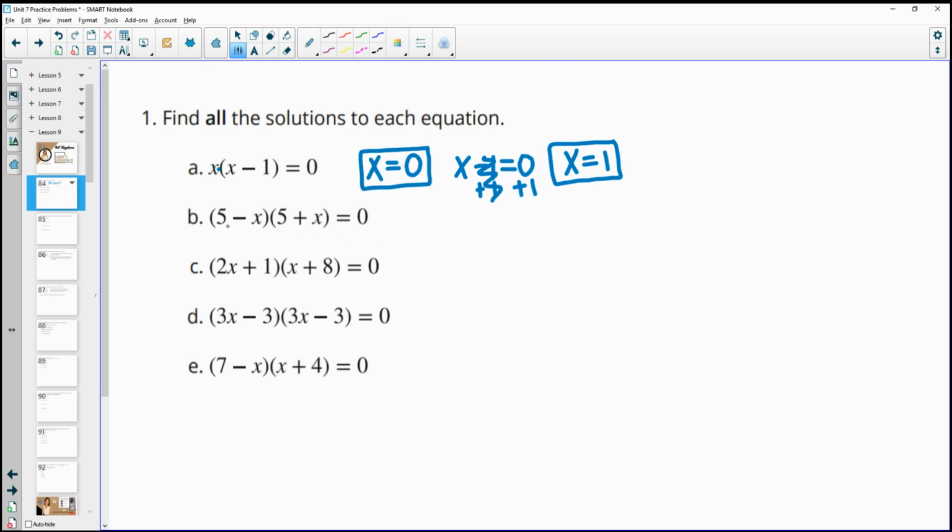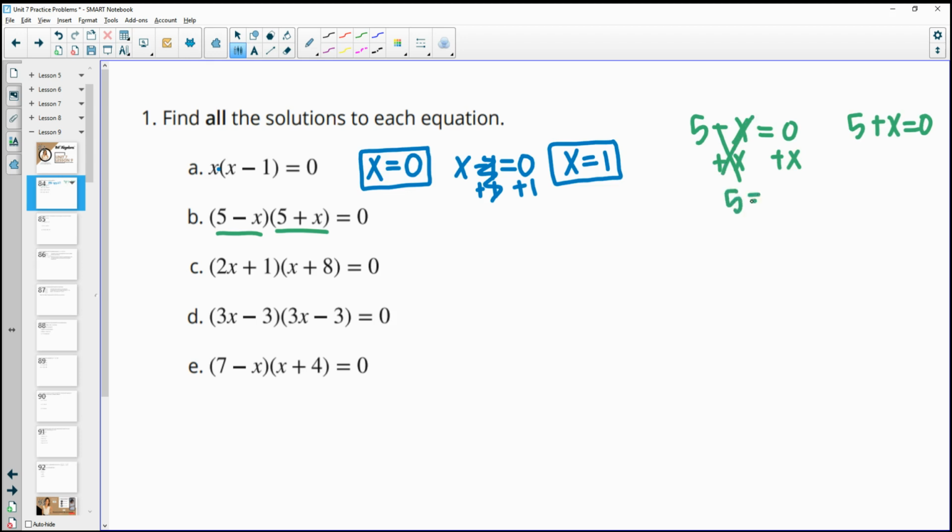For part B, we have these two expressions. I'm just going to do these off to the side here. So 5 minus x equals 0, or 5 plus x equals 0. In solving this one, I'm just going to add x to both sides because negative x plus x is 0.